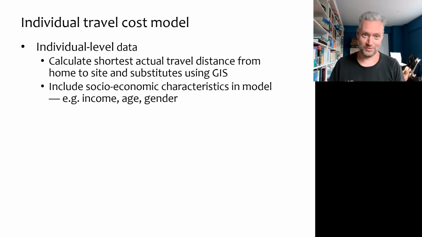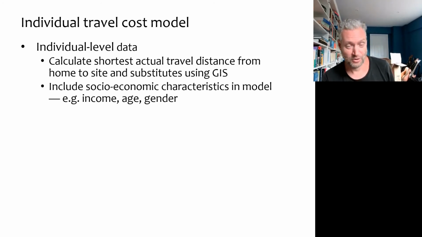Now, the zonal travel cost method assumes that everybody in a particular zone is identical, and you essentially look at aggregate visitor numbers. What you could also do is look at individual travel behavior.